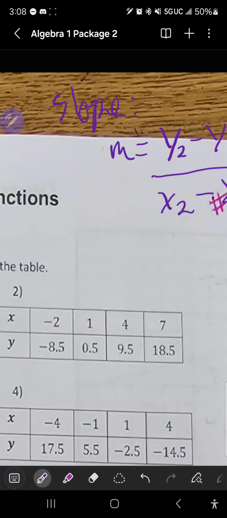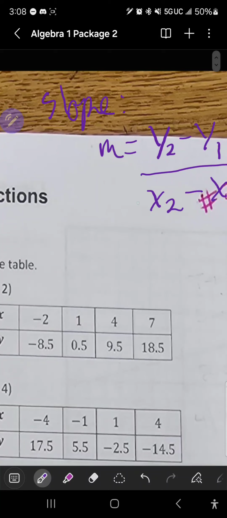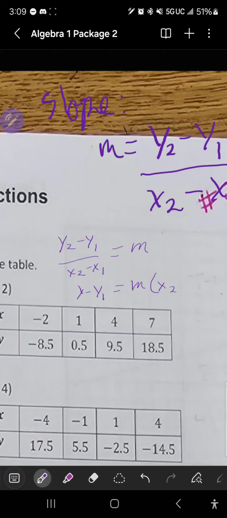Something we can do with this formula, since I have y2 minus y1 over x2 minus x1 equals m, is say that y2 minus y1 is equal to m times x2 minus x1.